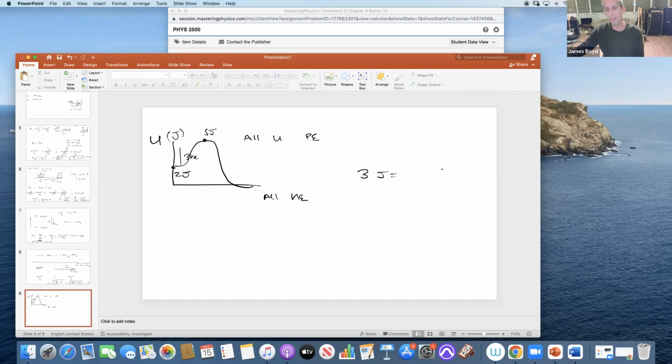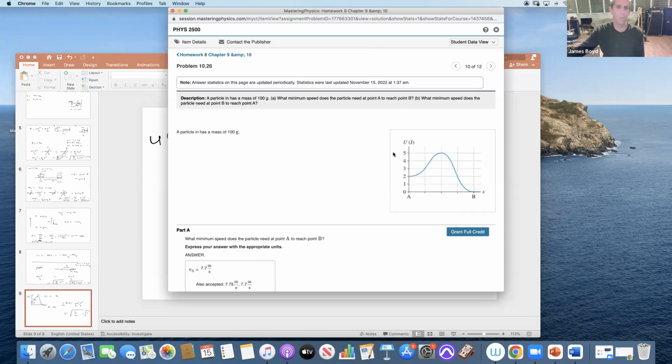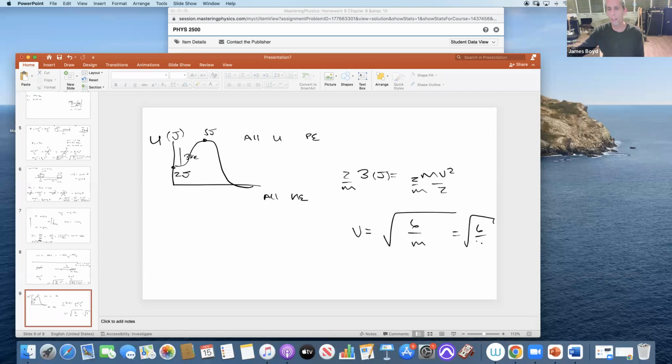Now, 3 joules of kinetic energy is equal to mv squared over 2. And they asked us what is v. So v is the square root of 3 multiplied by 2 over m. 2 over m is just units. So I get 6 over m, take the square root. And what was m? 100 grams? 0.1 kilograms.